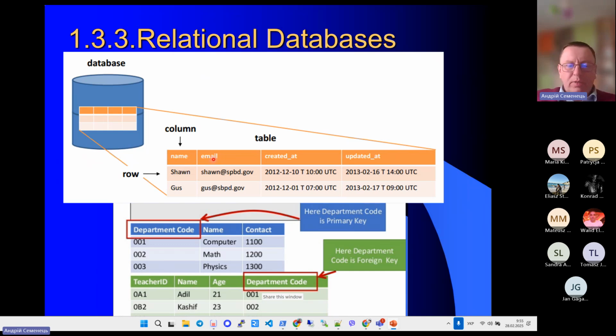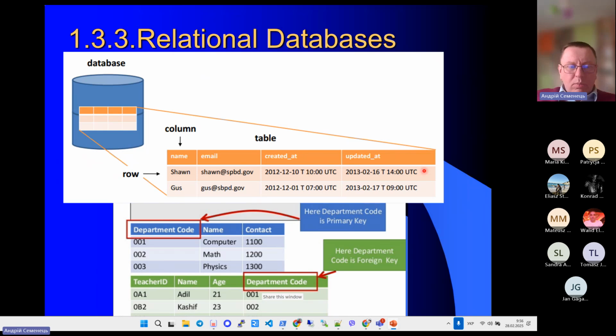For example, we define a column for name, email, or some date, which means this column must contain only that type of value: a string value for names, a formatted string for emails, a datetime for dates, and so on.